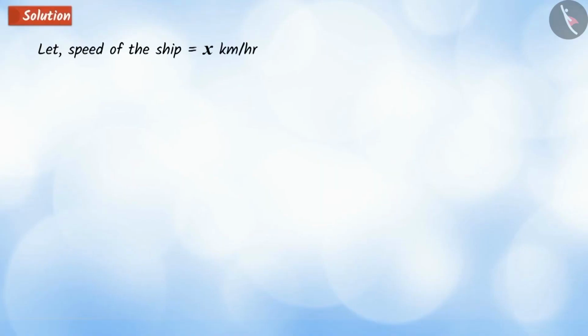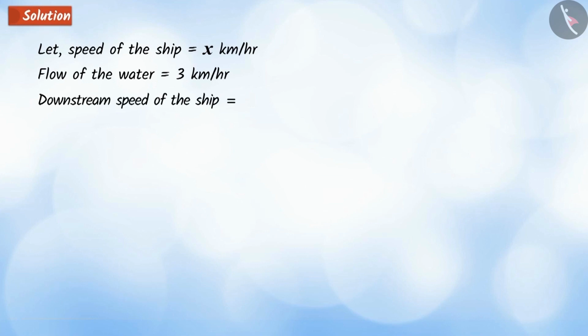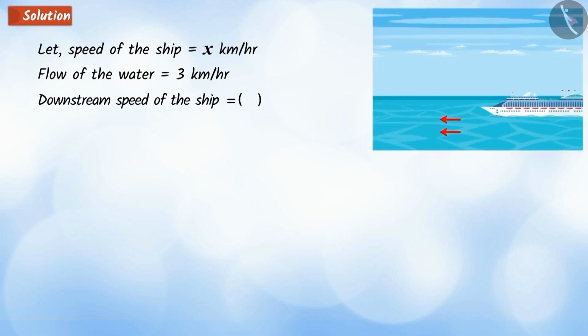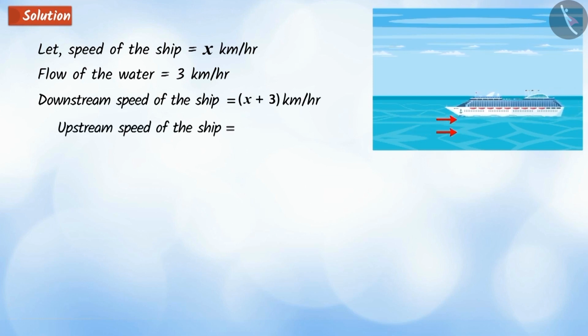First, let's assume that the speed of the ship is x kilometers per hour. According to the example, the flow of water is 3 kilometers per hour, so the speed of the ship favorable to the stream is x plus 3 kilometers per hour, and the speed of the ship unfavorable to the stream is x minus 3 kilometers per hour.